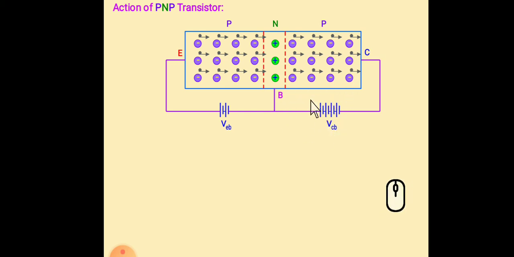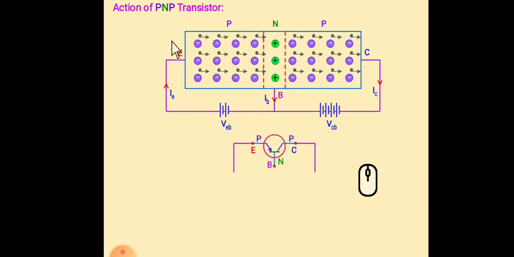So most of the holes are attracted towards collector, so the direction of current is same as that of hole. As we know, the current direction is along the direction of positive charge carriers, so this is the direction of current. So if this direction is IE, then IB is this direction and IC is this direction, so IE is equal to IB plus IC, and this is the circuit symbol.